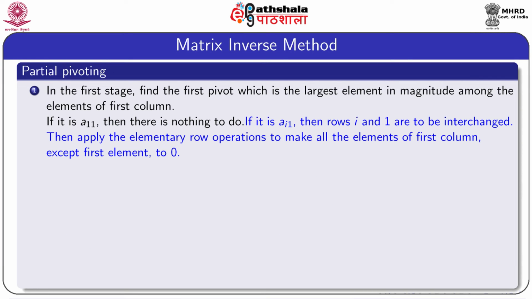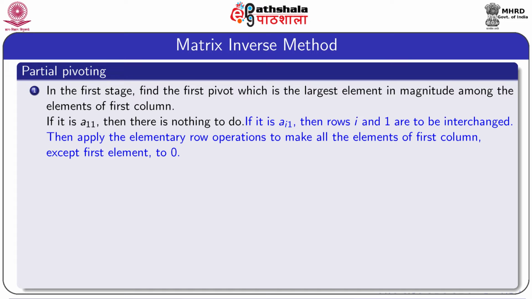Now, there are two kinds of pivoting available in the literature. One is called partial pivoting and the other is called complete or full pivoting. In partial pivoting, find the first pivot element, which is the largest element in magnitude among the elements of the first column.